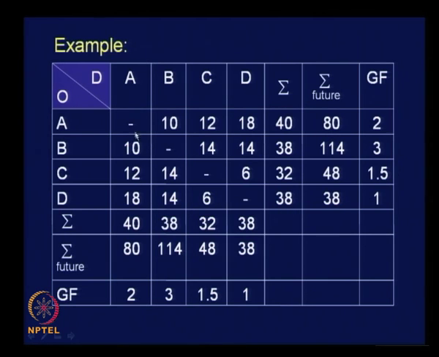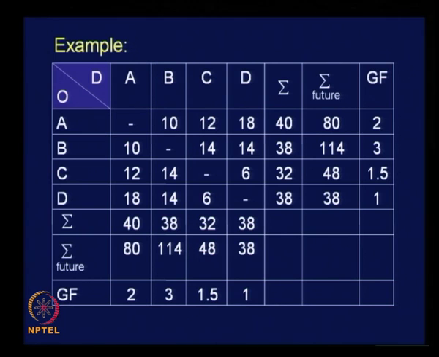And similarly, total trip attractions are nothing but the sum of the cell values along columns, and we find the values are 40 for A, 38 for B, 32 for C and 38 for D. And since we have these values with us, the future trip productions and attractions for each of the zones, these numbers can be given straight away because it is the available data before we go for distribution of trips.